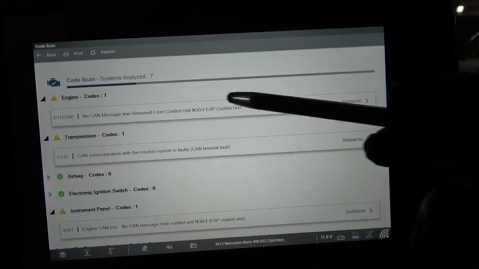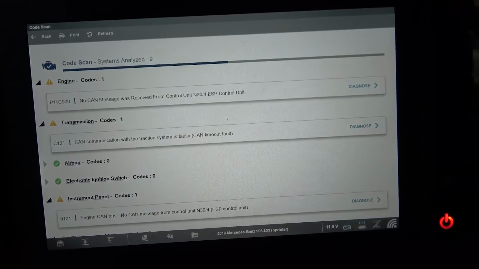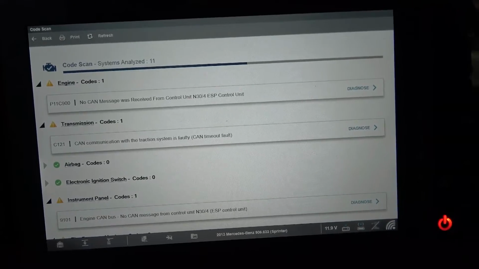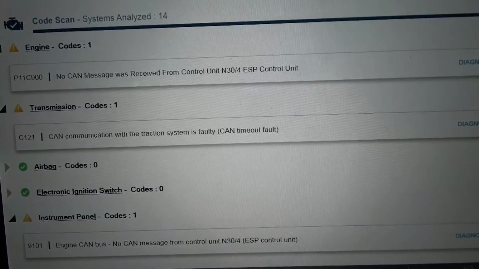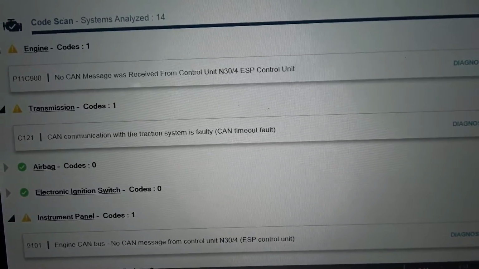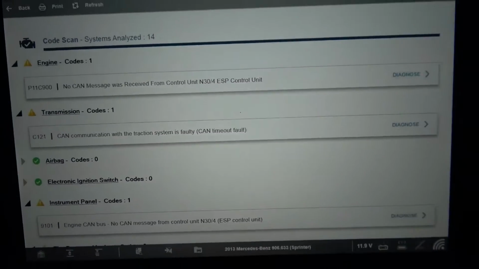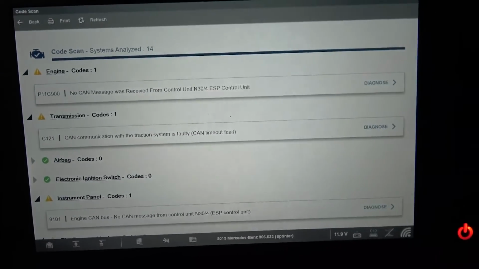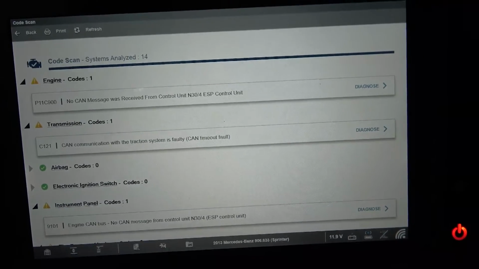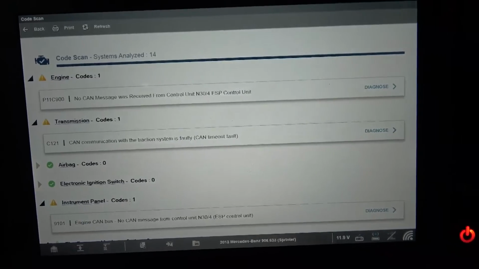We only have one code in the engine computer and our code is P11C900. No CAN message was received from control unit N30/4 ESP control unit. So it looks like the engine computer is not able to talk to the ABS control unit. And we have a communication trouble code in the transmission control unit as well.